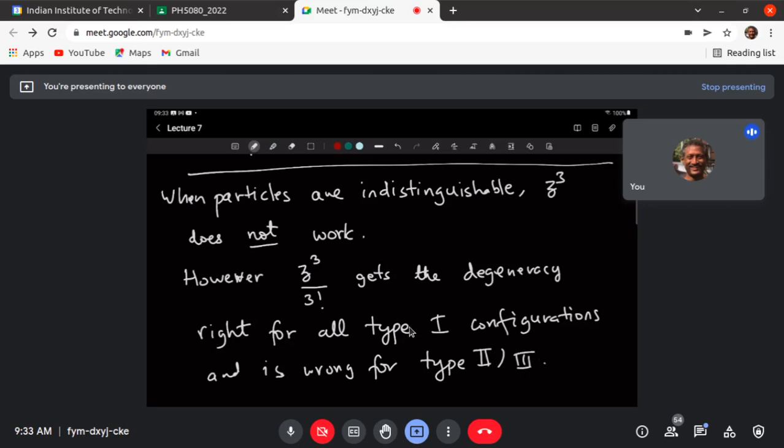Because for type 2 it will give half instead of 1, and for type 3 it will give 1/6 instead of this. Okay, is this point clear?